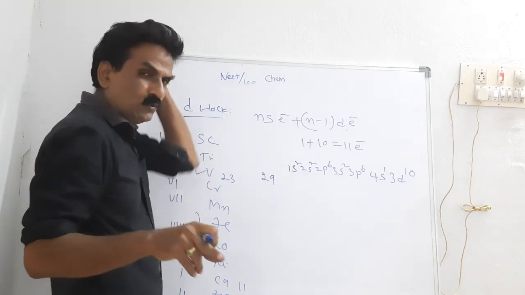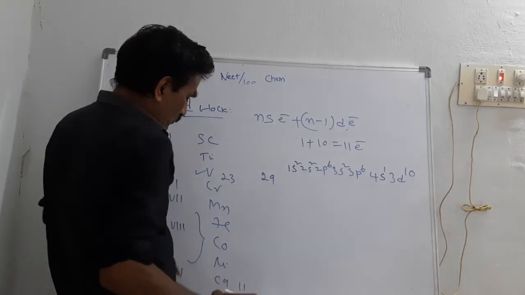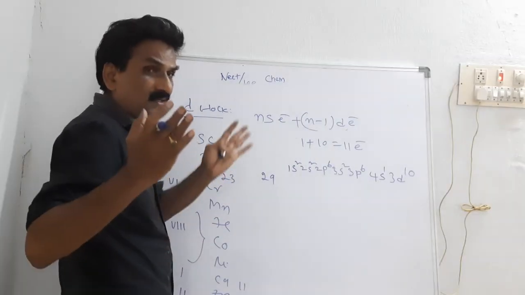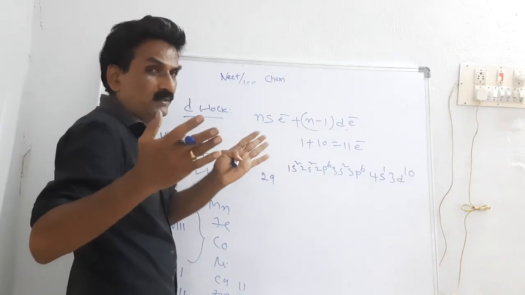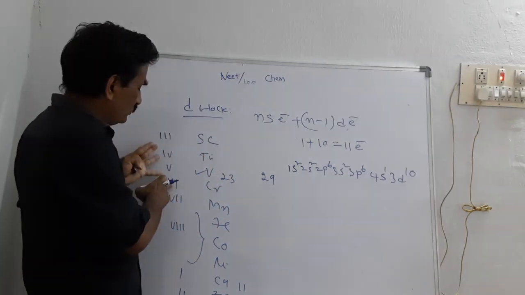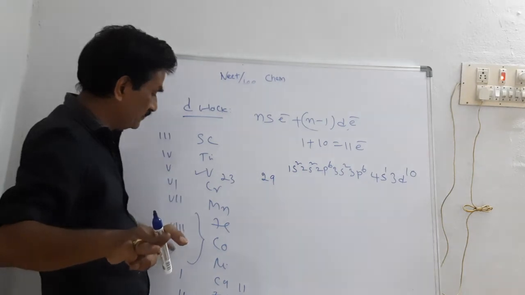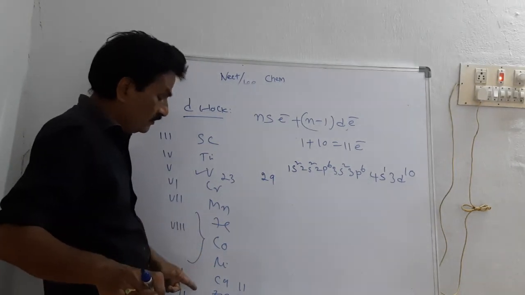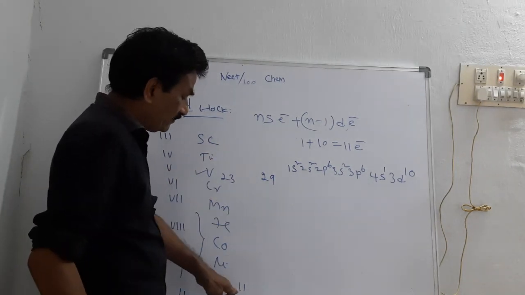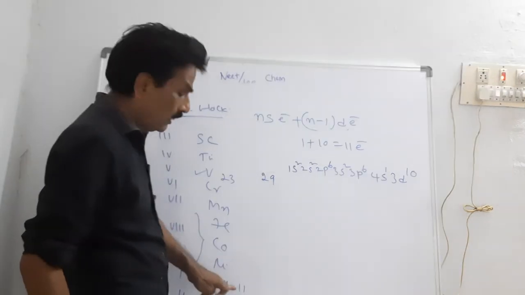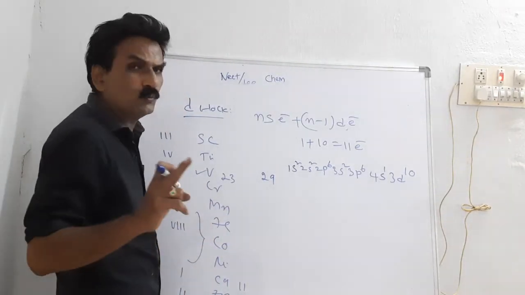But for our convenience, the d block is divided into 1B, 2B, 3B, 4B, 5B, 6B, 7B and the 8th group, divided into 3: iron, cobalt, nickel. So please note it. I can say 11th group or first B group.